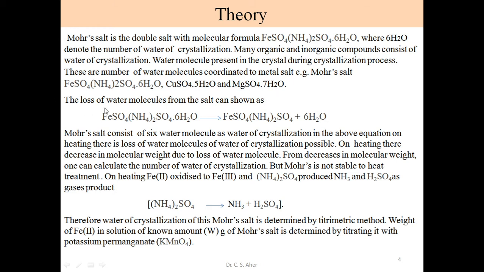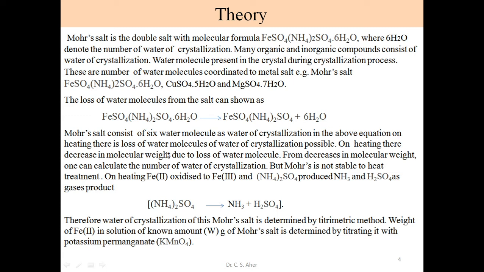The loss of water molecules from the salt can be shown as follows. When we heat Mohr salt, it loses water as water vapor, and we have only the salt combination, ferrous sulfate and ammonium sulfate. Mohr salt consists of 6 water molecules as water of crystallization, as in the above equation.